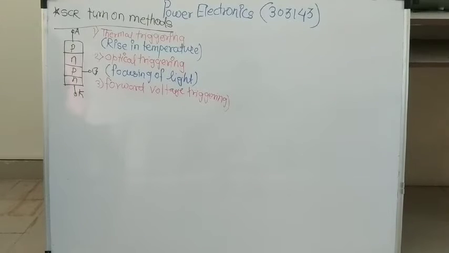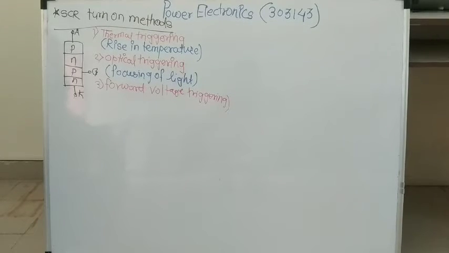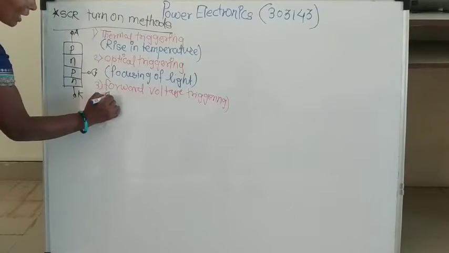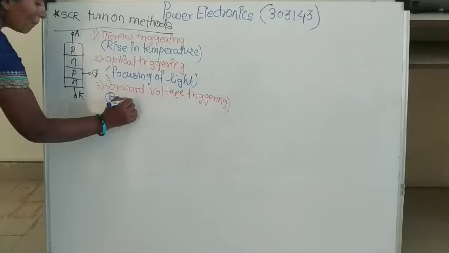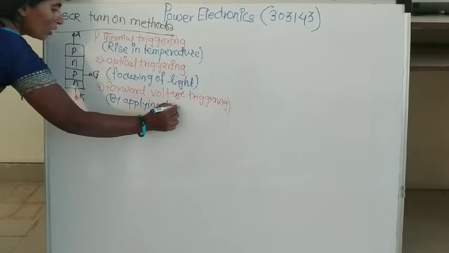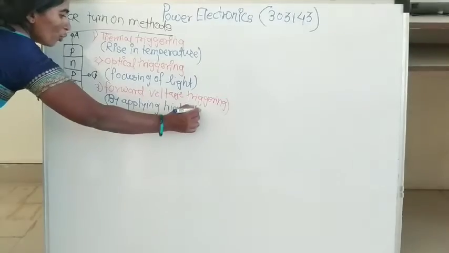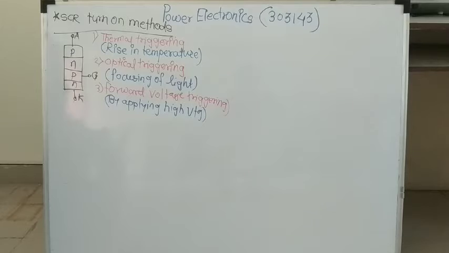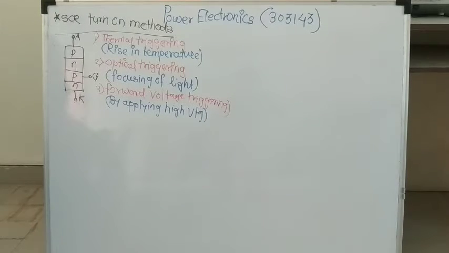And this forward voltage triggering is also called by applying high voltage. Now, where we have to apply this voltage? This voltage is applied between anode to cathode, called forward voltage triggering.